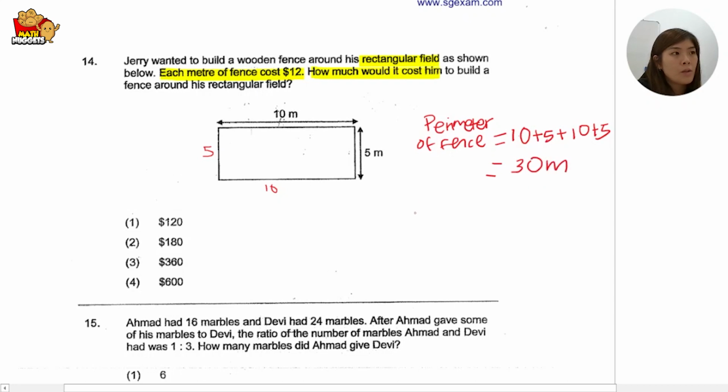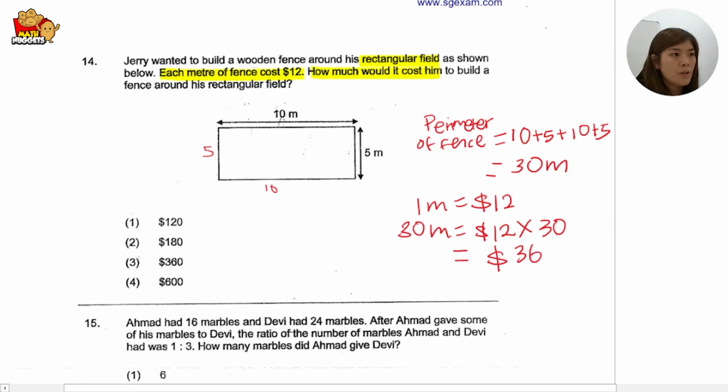Once you find the perimeter and you know that each meter of fence costs $12, in total 30 meter will give you 12 times 30, which gives you $360. So the final answer is option 3, $360.